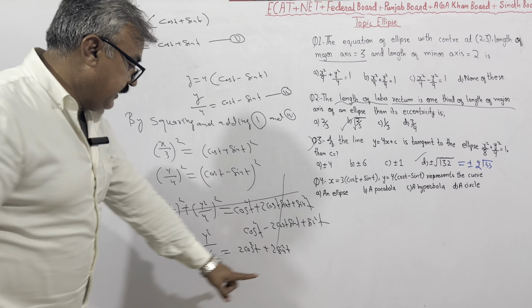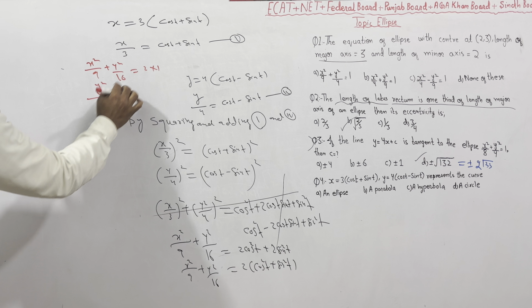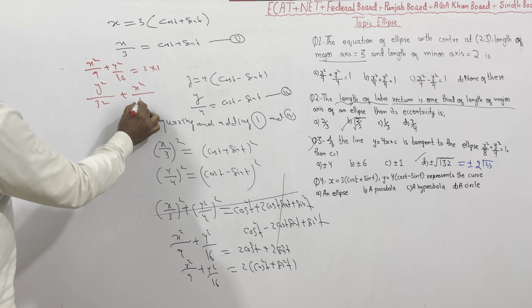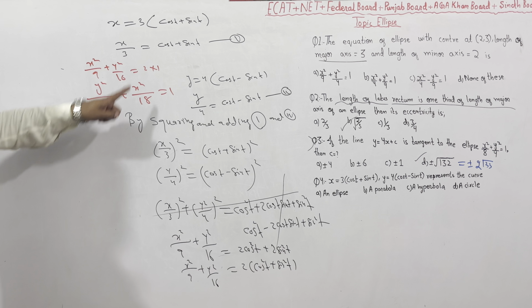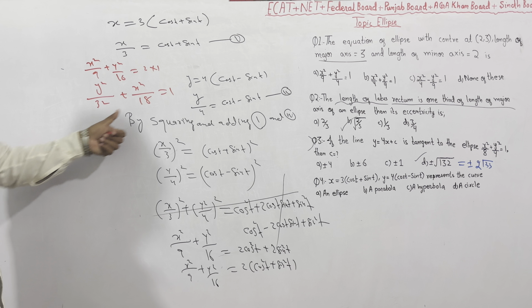So let me write the answer, as I am running out of space: x square over 9 plus y square over 16 is equal to 2 times 1. I'll shift 2 here. It will become x square over 18 plus y square over 32 is equal to 1. I have divided by 2.